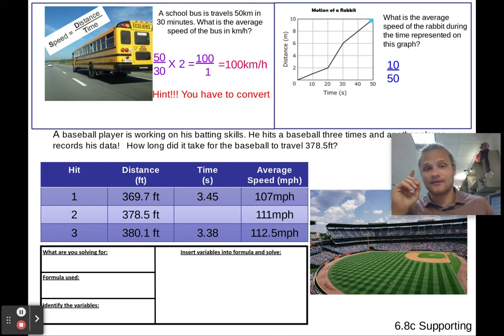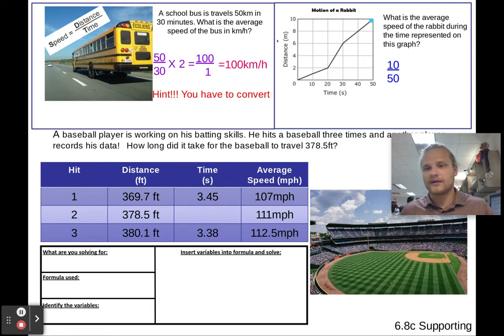So you could divide by 0.5 because that's the same as multiplying by 2. All right, so 50 divided by 0.5 gives you 100 kilometers per hour, just as 2 times 50 over 30 gives you 100 kilometers per hour as well. So it's up to you how you want to do your math. I would have divided by 0.5, but you could just double whatever you get from using your other units.